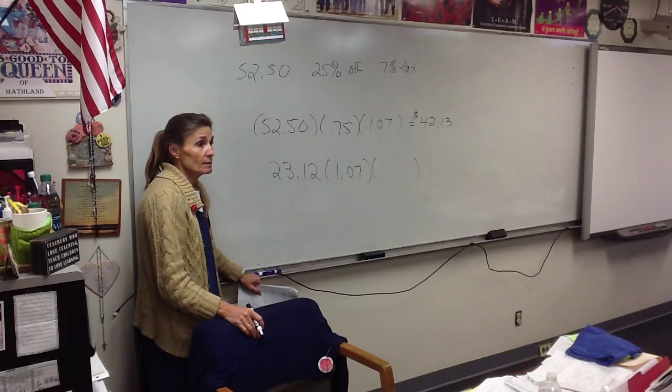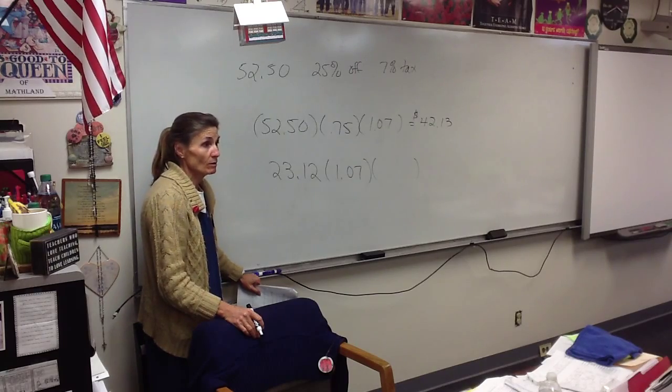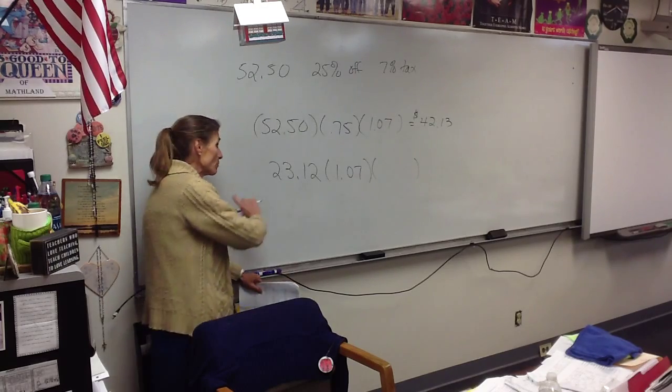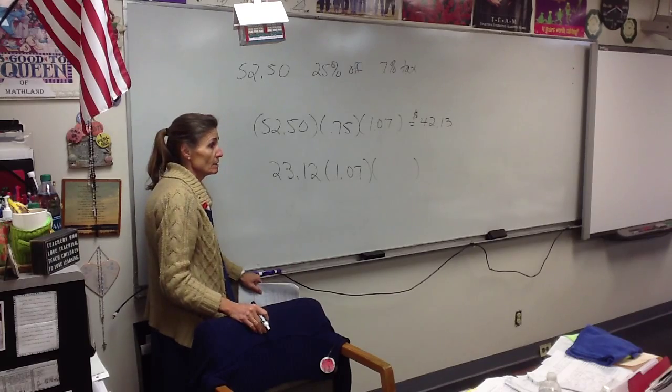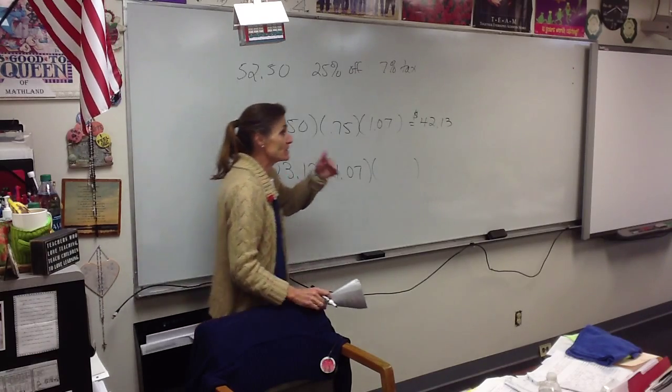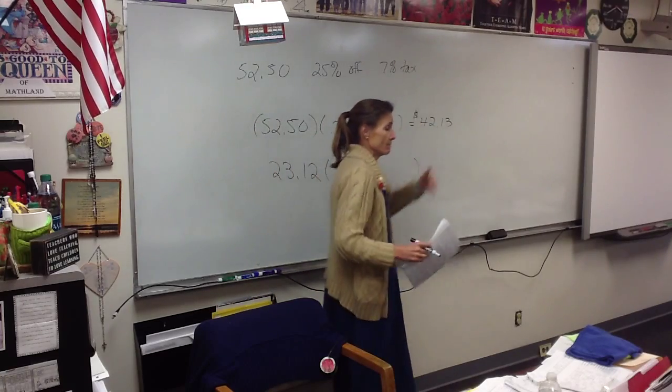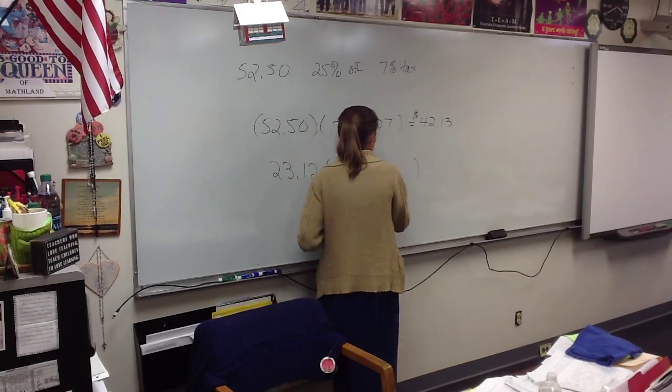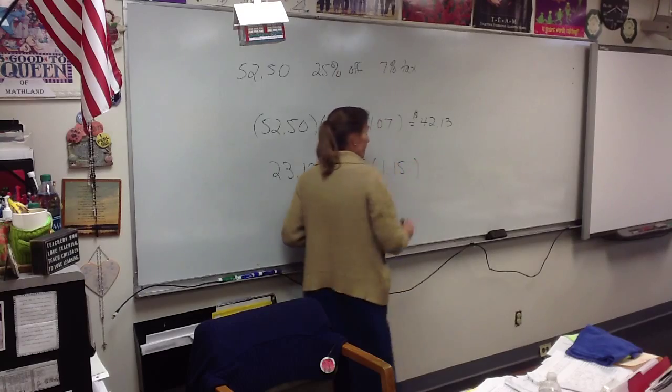The tip is 15% of the bill. They're going to add it right into your bill. So what are you going to multiply by to reflect a 15% add-on? 1.15.